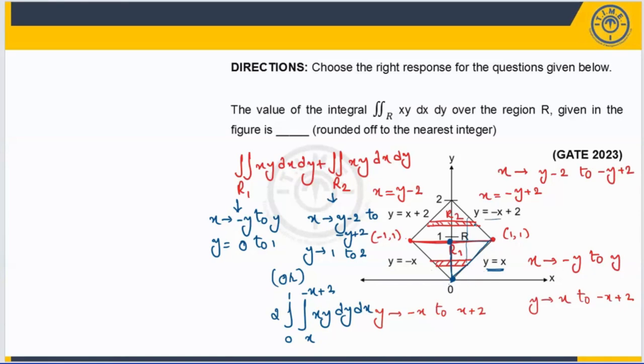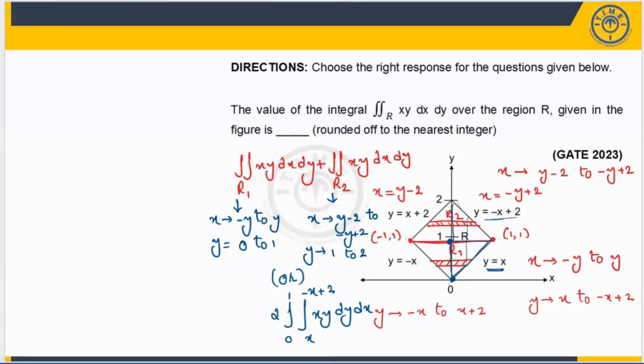If I'm taking the above triangle, y is varying from 1 to minus x plus 2. You are getting two different curves. Did you get that? So I have to include the curves. The curves should be included in it. That is the major thing.